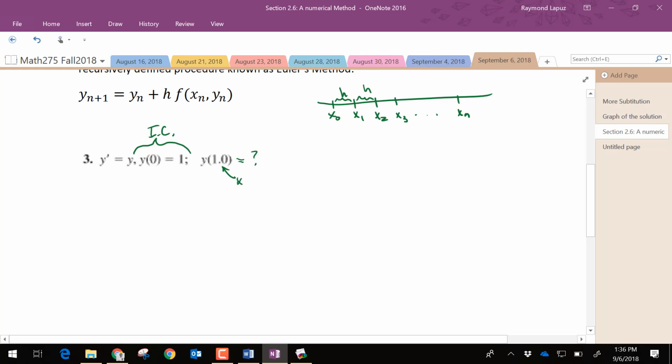So here's where you want to start. You want to start with 0, and you want to take increments of 0.1, 0.2, 0.3, 0.4, 0.5, 6, 7, 8, 9, so you want to take steps that lead you to 1, and then you want to know what happens in the y values. You want to know what happens up here to get to that point.